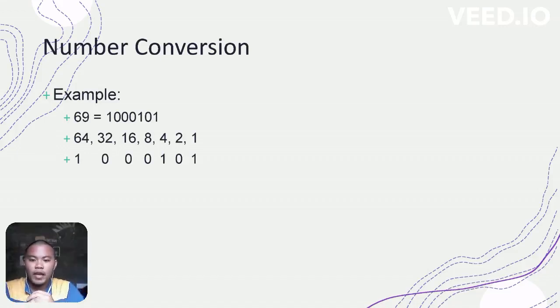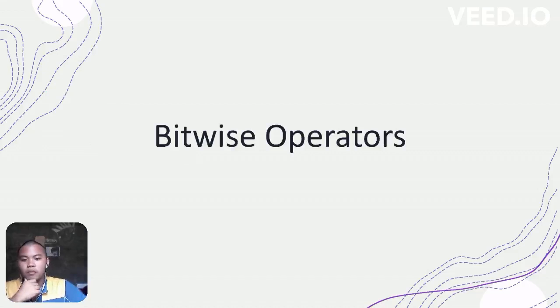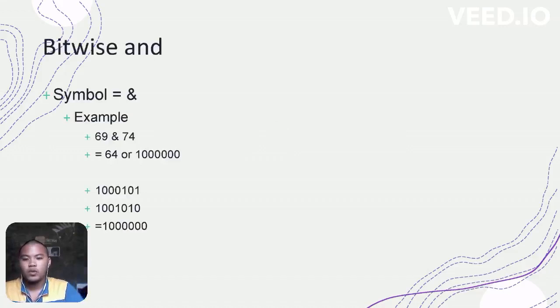Since we now have a basic understanding of the numbers and their binary conversion, let us move on to bitwise operators. There are two bitwise operators, bitwise AND and bitwise OR. We're going to start with bitwise AND.